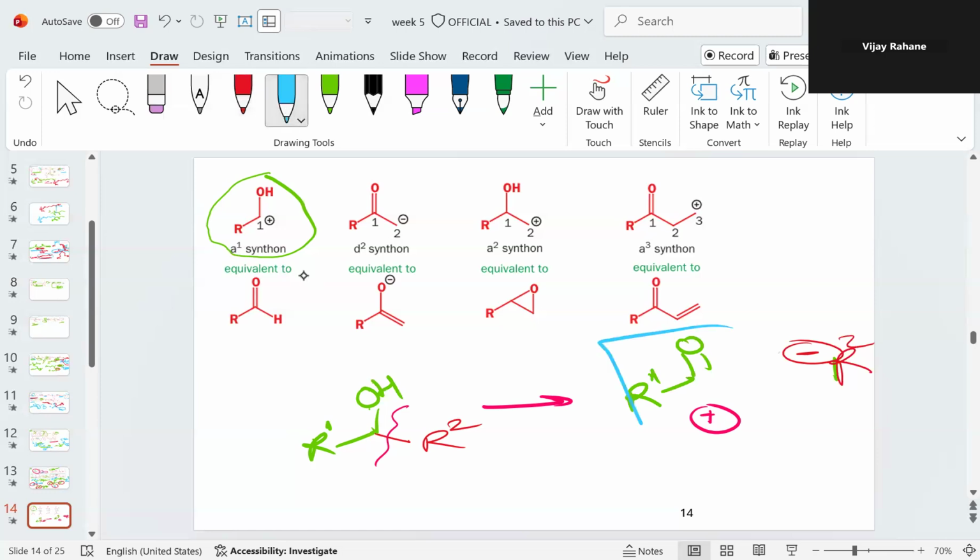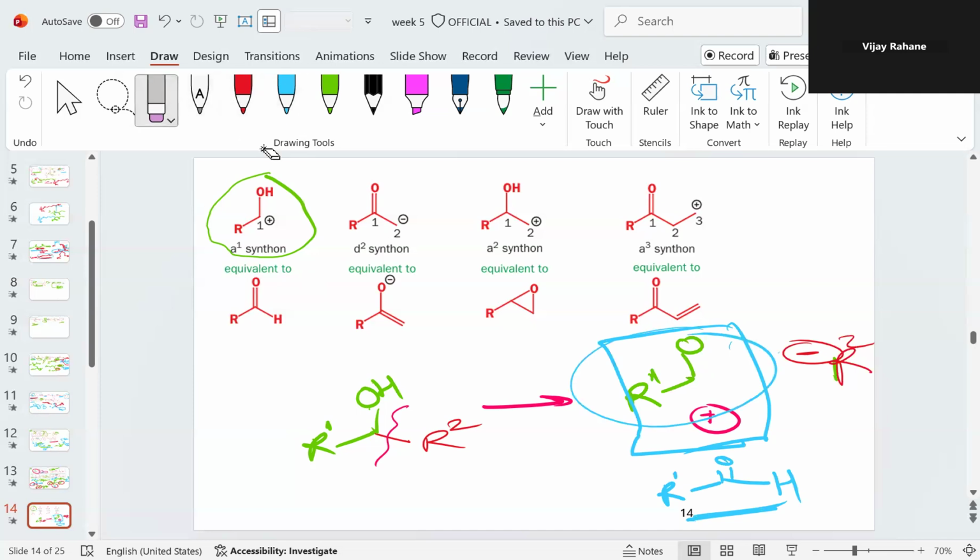So for this the synthetic equivalent will be R dash double bond OOH. This will be the synthetic equivalent for this type of synthon, or we can also write this as a positive like this, delta positive here, because this is alcohol, so it should be the OH, right?